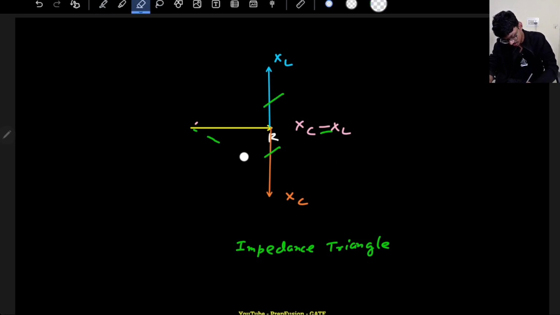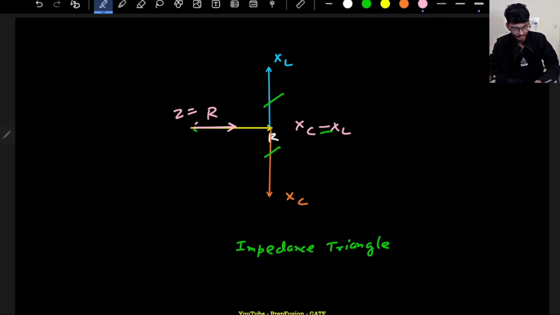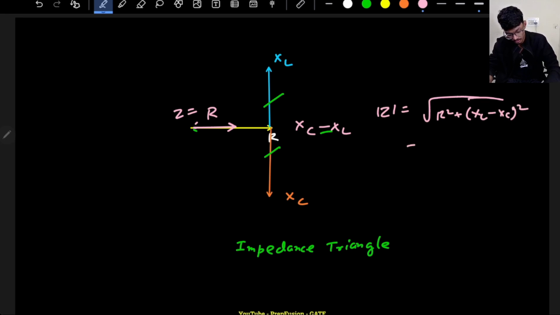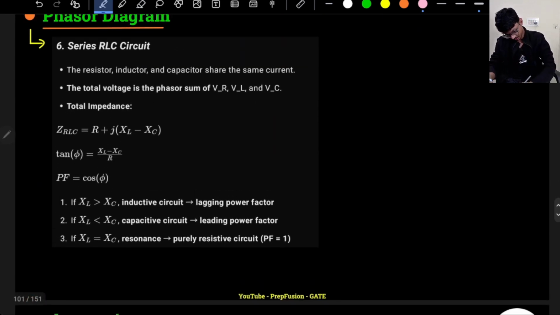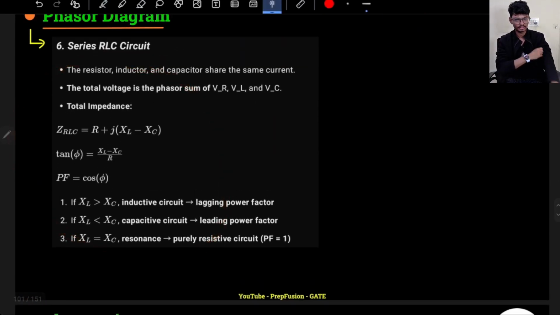If both cancel each other out, your impedance becomes R only. Z is equal to the square root of R squared plus XL minus XC whole squared, so the magnitude of Z will be simply R. So it will behave as a purely resistive network. That is what is written over here. You can read these things and find out the angles and so on.